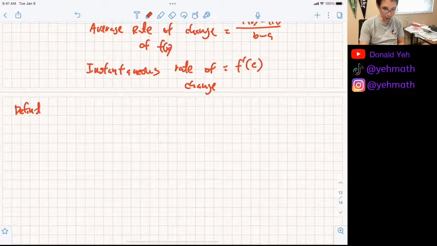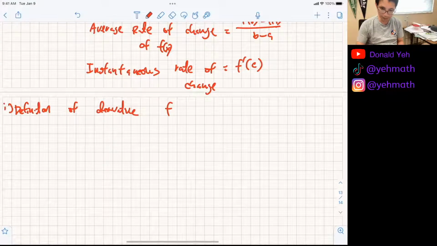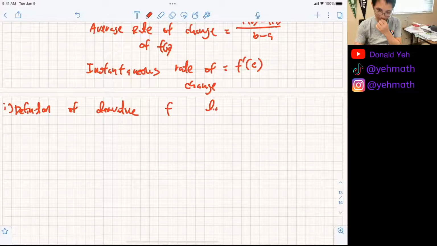So, the definition of derivative. Do you guys know the definition of derivative? Just review. The limit as h approaches 0 of f of x plus h minus f of x over h. There you go.